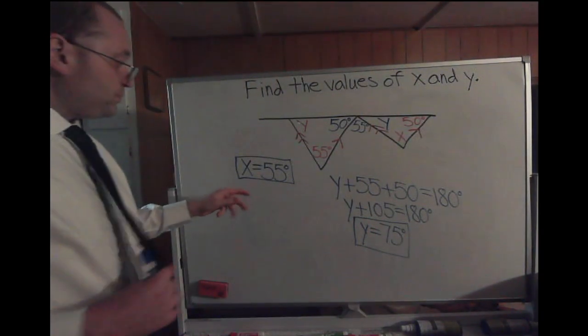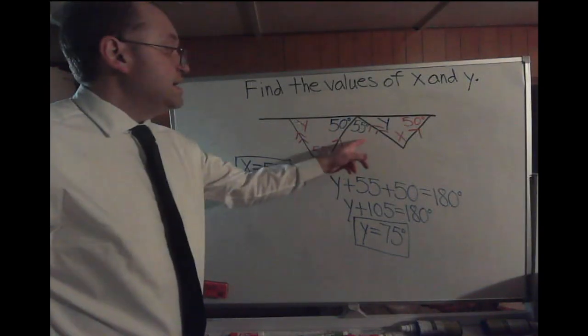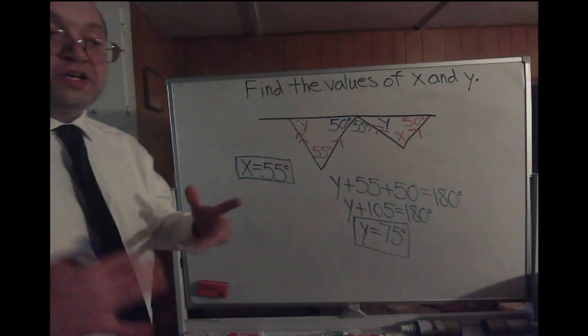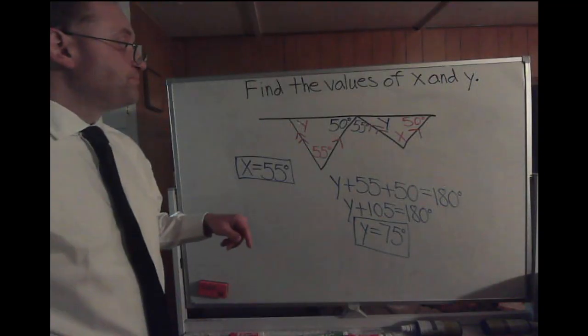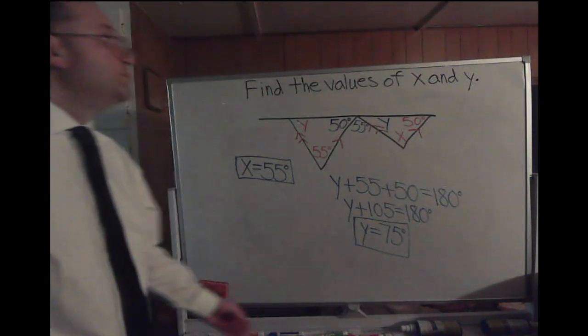So x would be 55, we already got that. And y, by some clever manipulation of the theorems that we've learned, is 75.